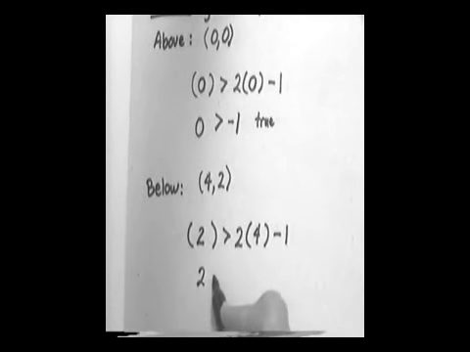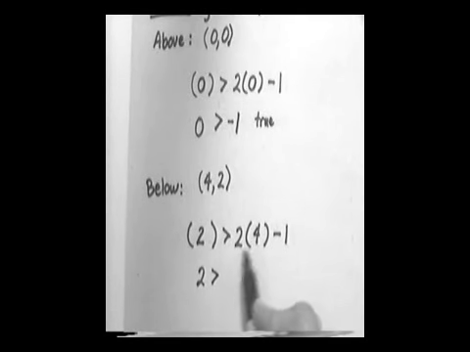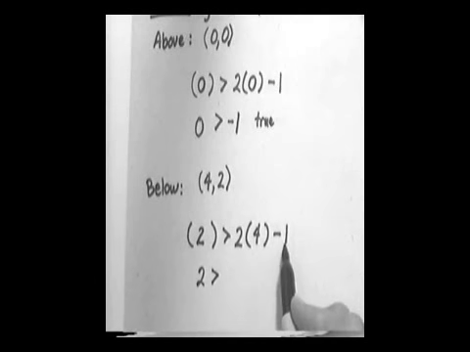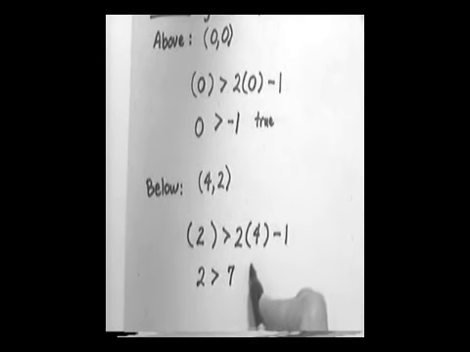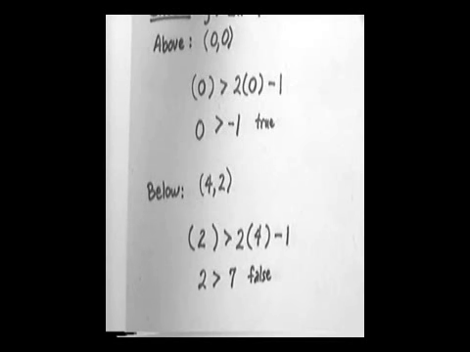This gives us 2 is greater than 2 times 4 is 8. 8 subtract 1 is 7. 2 greater than 7 is false. And so we got a false statement for the part that is unshaded, which is correct. That means that my graph was correct. The true and the false came out as they should.